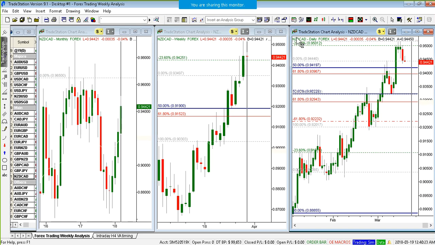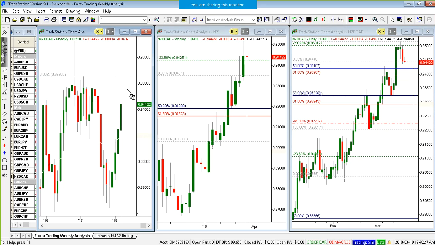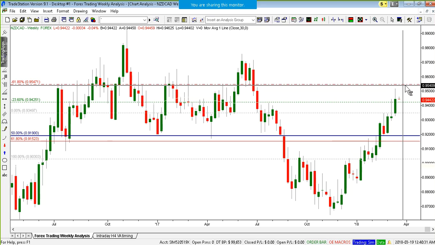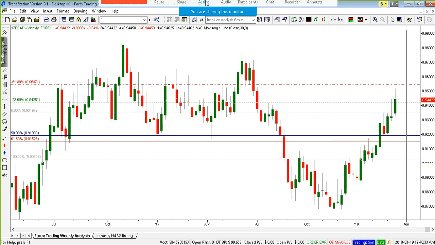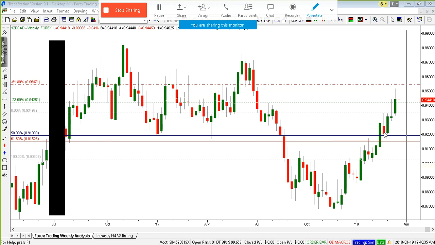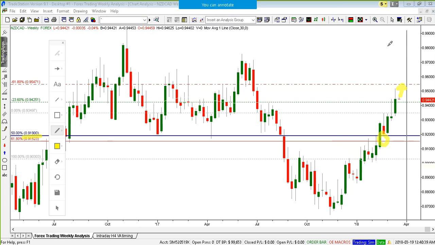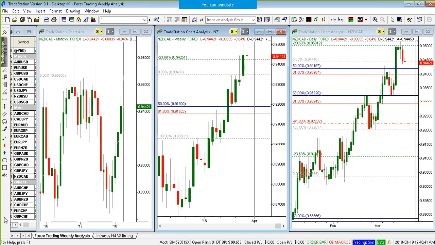The Canadian might be weaker than the New Zealand dollar, so this market could continue higher. A second target is justified by the setup that has been in play here at 0.9190. Okay, so it's possible for this market to continue into that level.